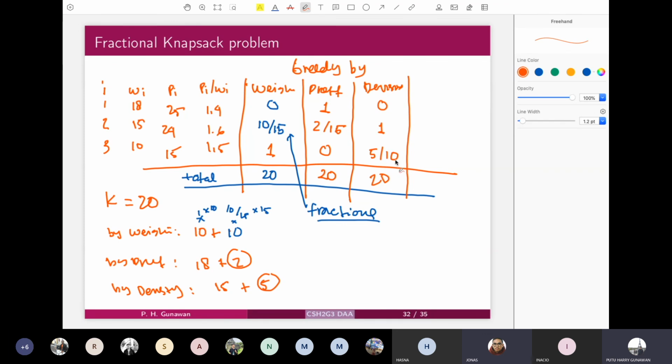Of course you will have 28.2 and 31.5. So the optimal solution x is 0, 1, and half, with profit 31.5.